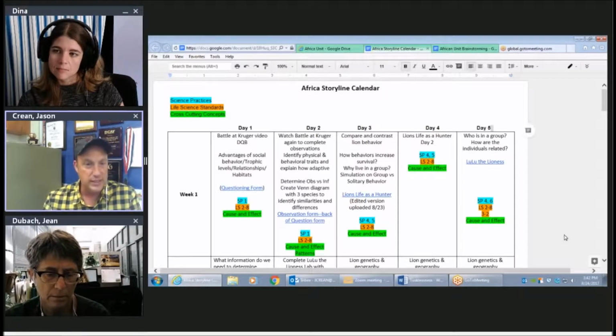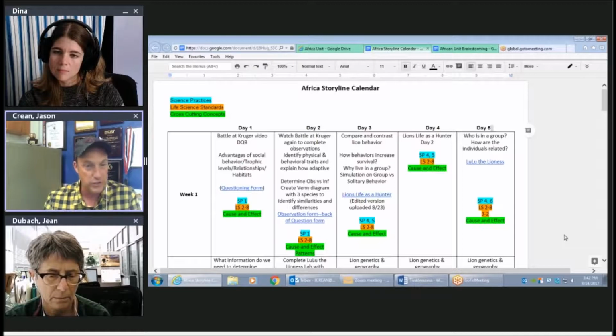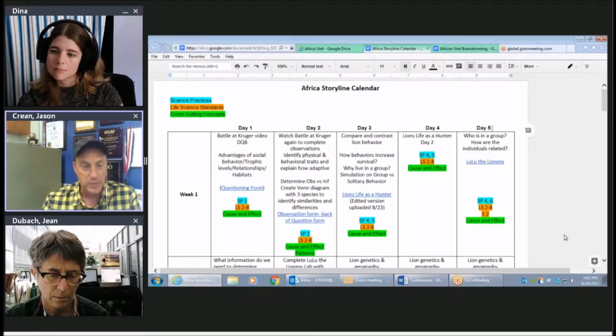After they've listed these things, they critically look at their work as to whether they wrote down true observations or some inferences. Days three and four, they're using math to calculate metabolic rates, basically: how much energy does it take to take down different prey?